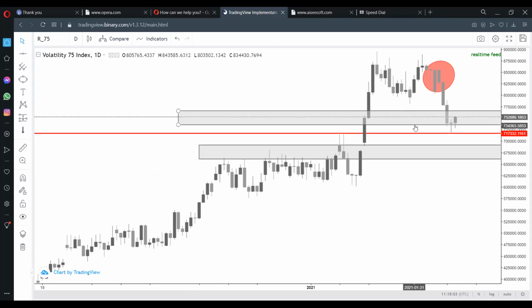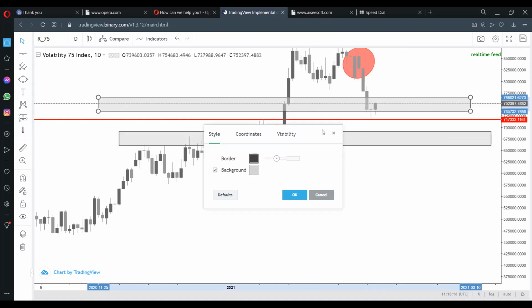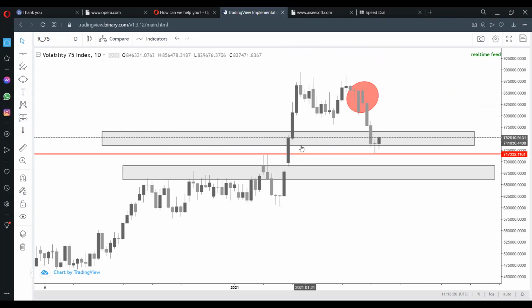The reason behind it is that from the higher time frame we are in an uptrend. Before we can say that we are in a downtrend, unless we get a breakout here.